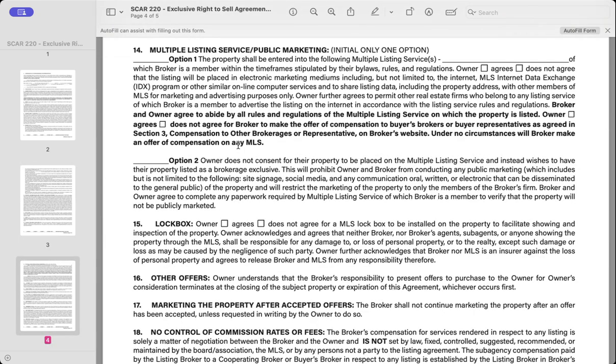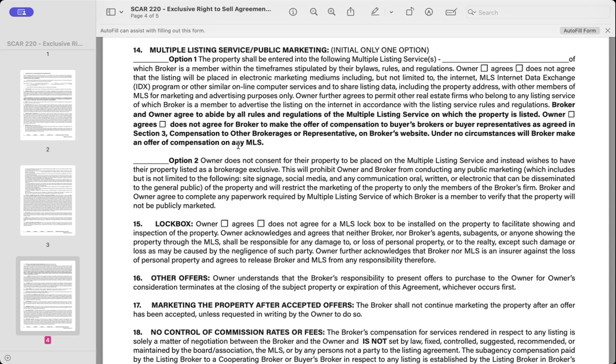Section 14, there are two options here. The first option is whether the property will be allowed to be entered into the multiple listing service. If allowed, there are two secondary options that need to be selected. The first is whether or not the seller allows for the broker to enter the property into the IDX program, which is online marketing.